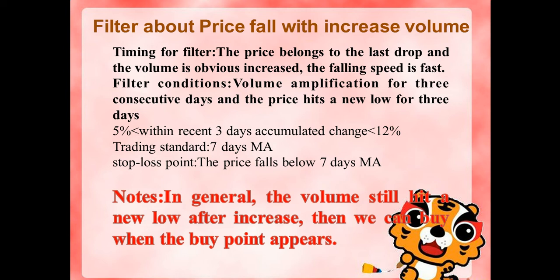The trading standard is the 7-day moving average, and the stop loss point: if you see the price fall below the 7-day moving average, you should stop loss. So note, in general the volume still hits a new low after the increase. Then we can buy when the buy point appears. Okay? So what does that mean for this one?